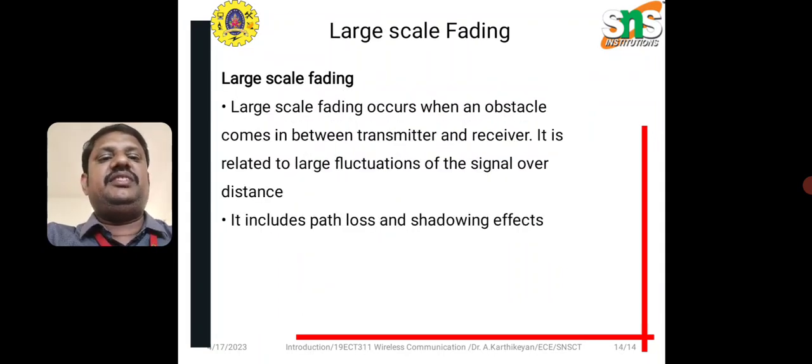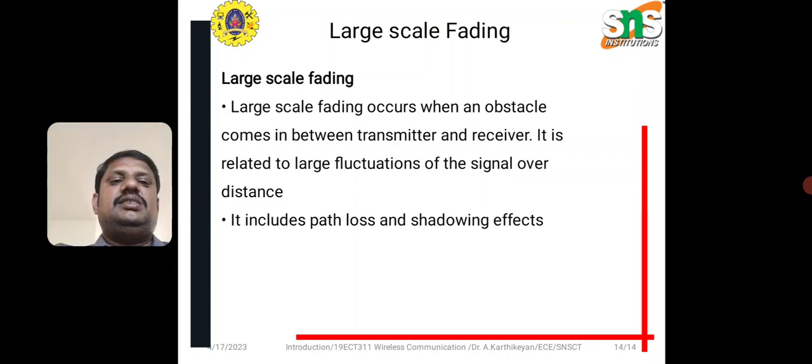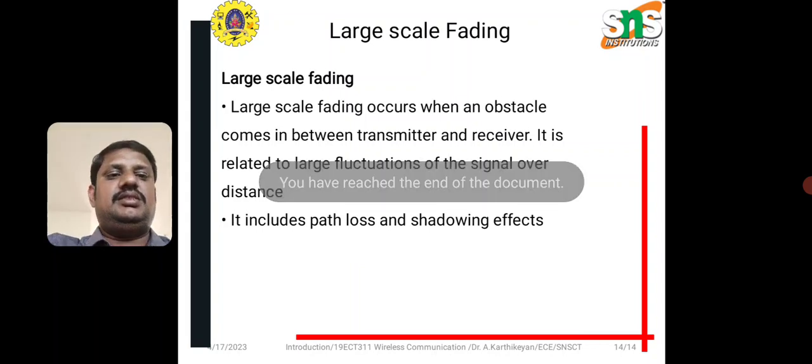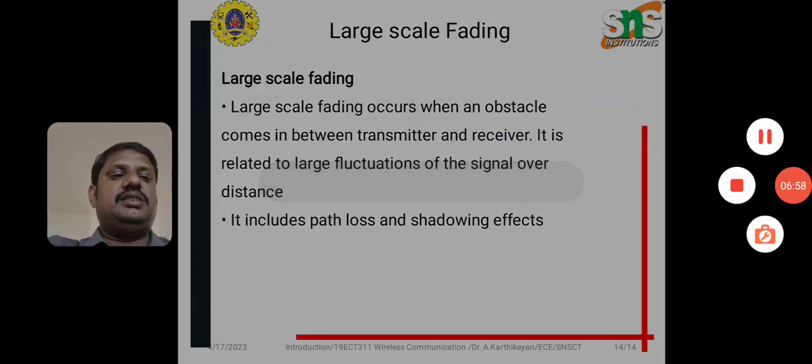Large scale fading occurs between the transmitter and receiver and is related to large fluctuations in the signal over distance. It includes path loss also. These are all the important things in the fading techniques used in communications.